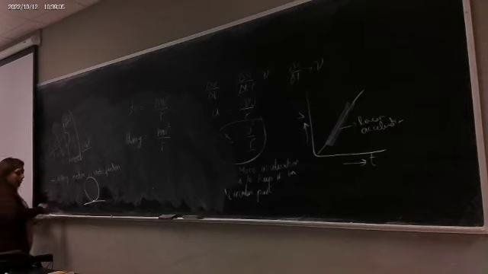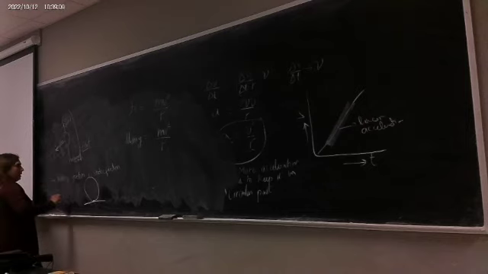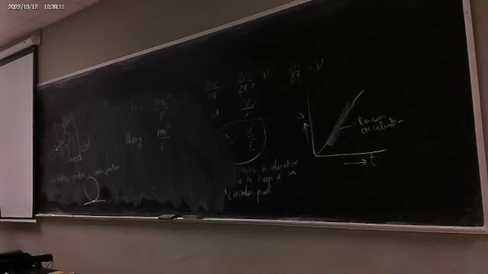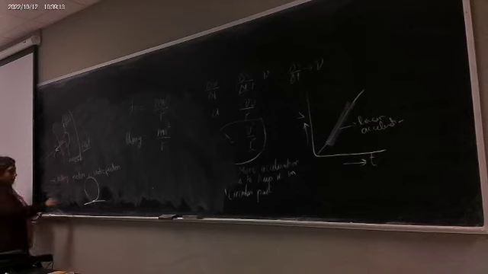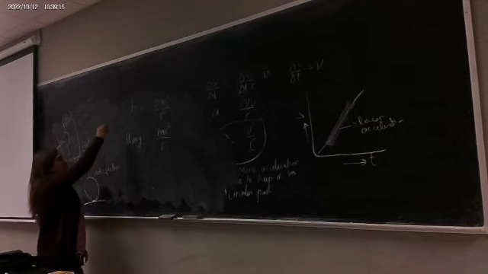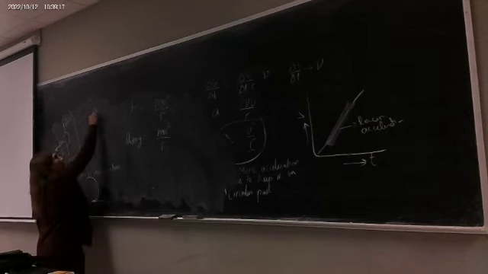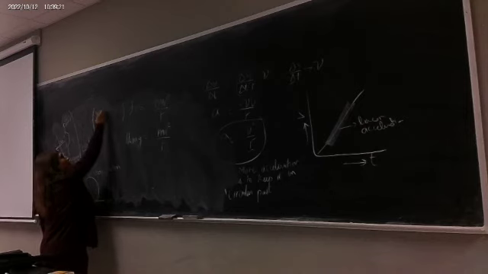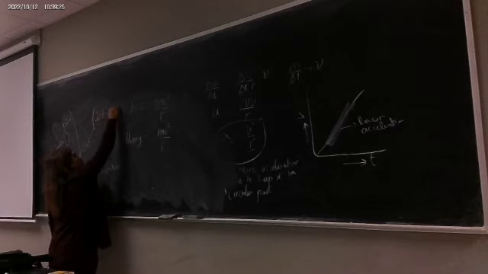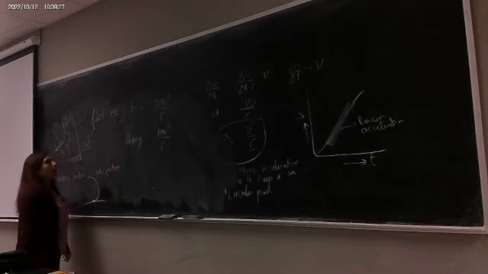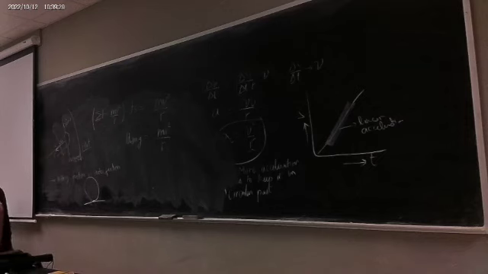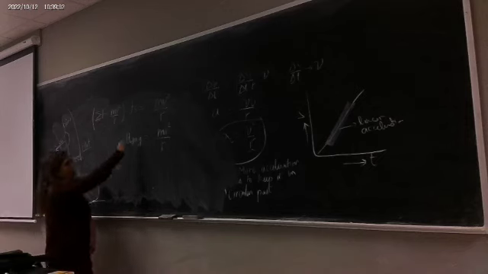So your static friction is providing acceleration to the center. The net force in that direction is equal to mv square over r, and the net force is the friction force. M gets cancelled.